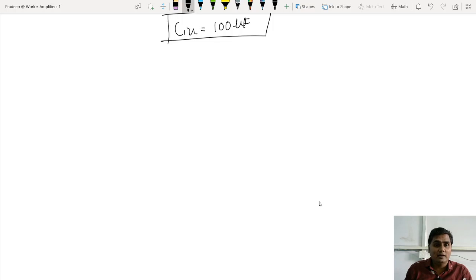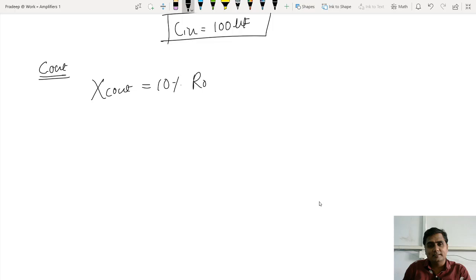The value of C out, that is the output coupling capacitor, which is the last part of the design. XC out is the same, 10% of the value of RO, and the value of RO is RL, actually the only RC. Now, what is that RC value you have calculated?